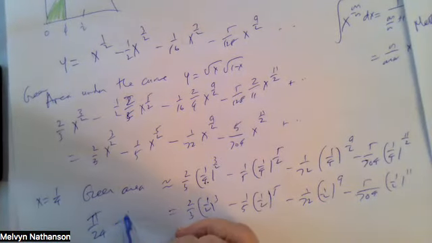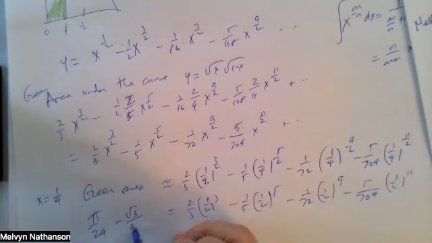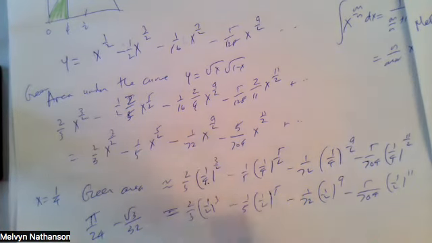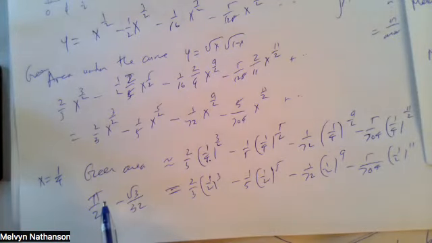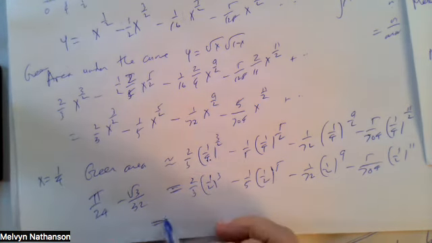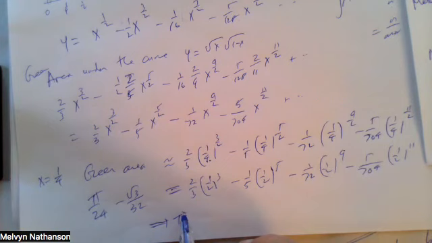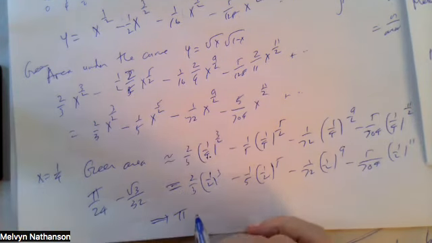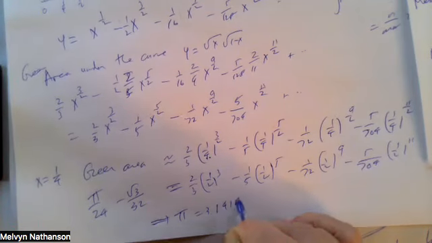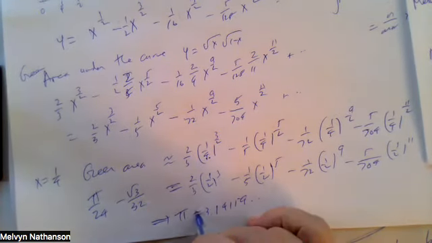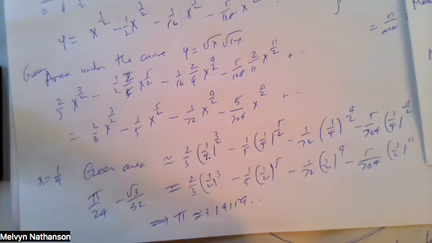So pi over 24 minus root 3 over 32 equals this. And this is an equation you can solve for pi. And when you do the calculation, you get pi is 3.14159. This is an approximation, but it's accurate to 7 decimal digits. That's the whole point of this.